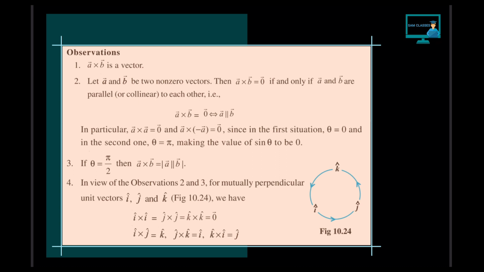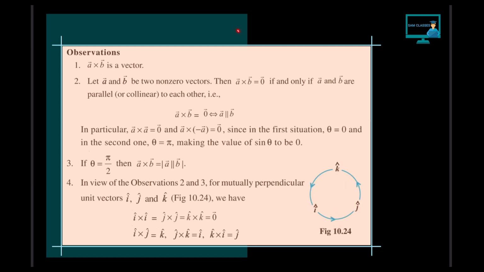If it is 90 degrees, it will be very easy because a vector cross b vector is equal to mod of a, mod of b into sine 90, so that is one. Now this i, j, k is very important. When we do i cross j, I get k. When I do j cross k, I get i. Clear?